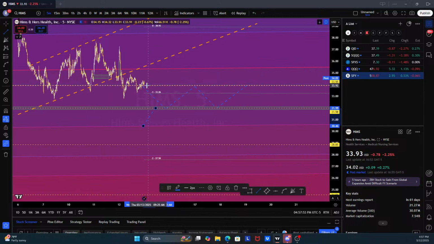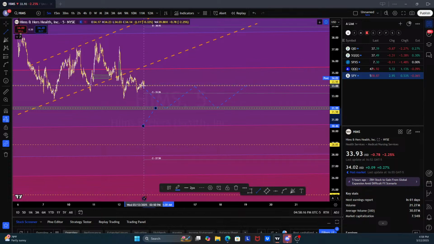Normally we'll see a red gap. You'll watch it fill to the upside or partially fill anywhere here. This will be resistance. And then you'll see prices fade back down to this support level and possibly go back down here. So that's how you transition in and out between support and resistance.